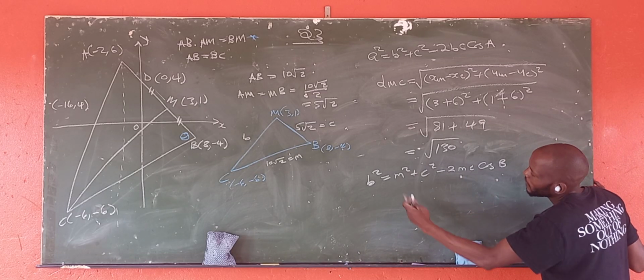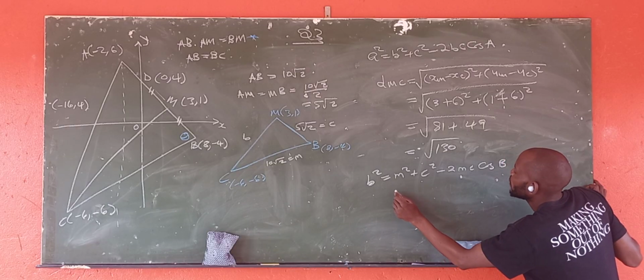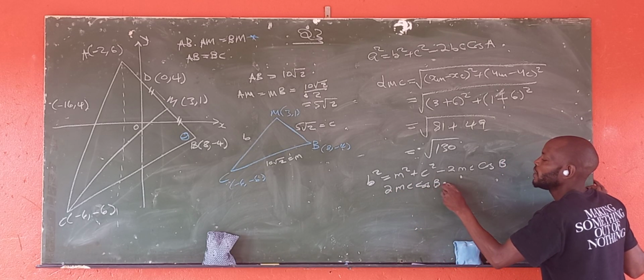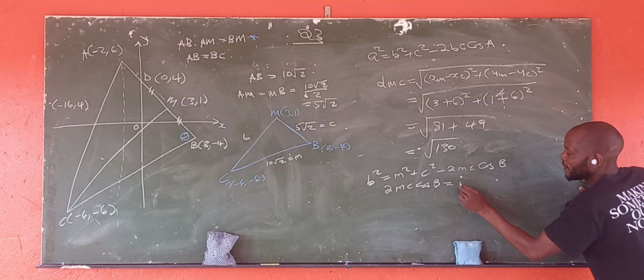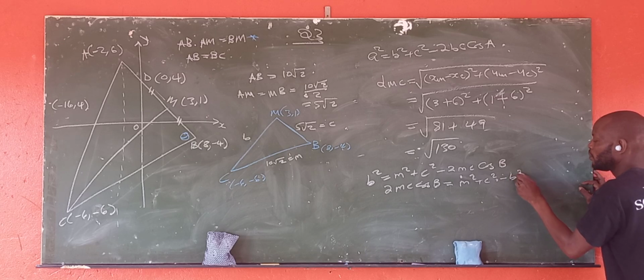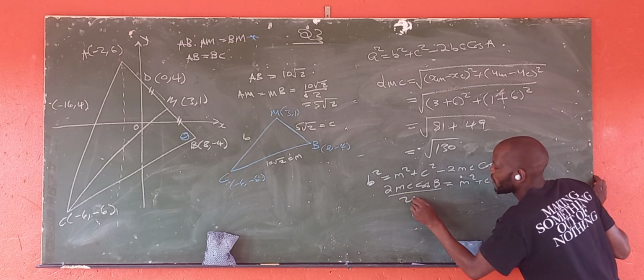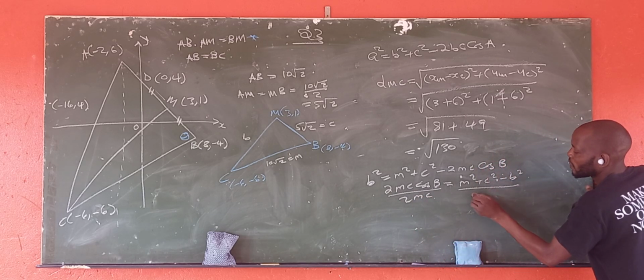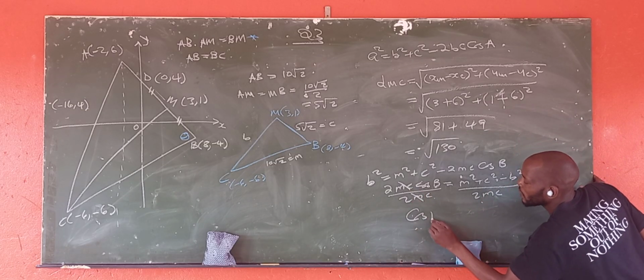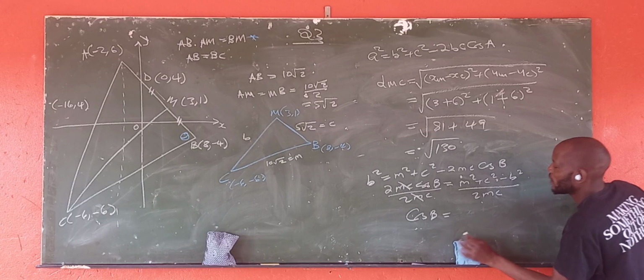So 2mc cos of B is m squared plus c squared minus b squared, and then we can divide by 2mc.